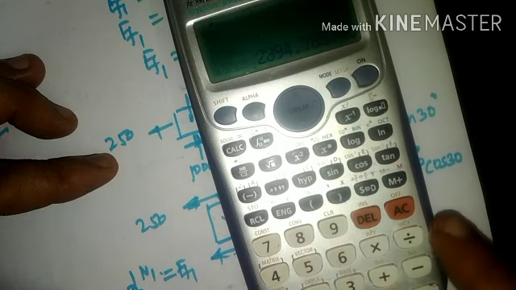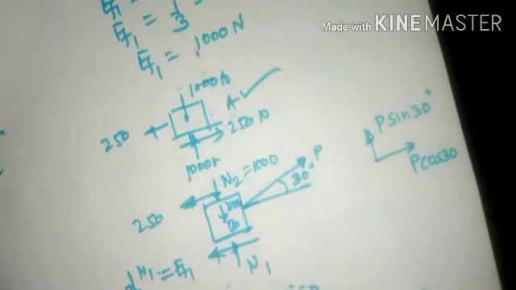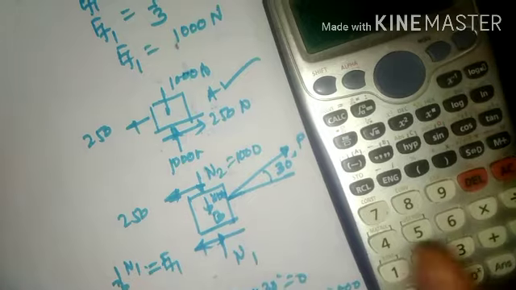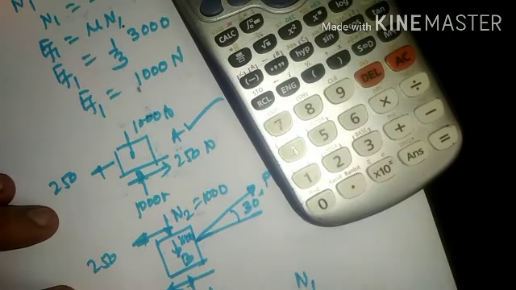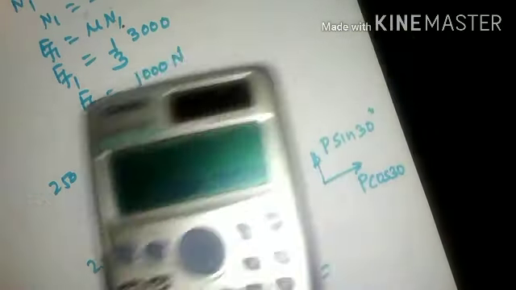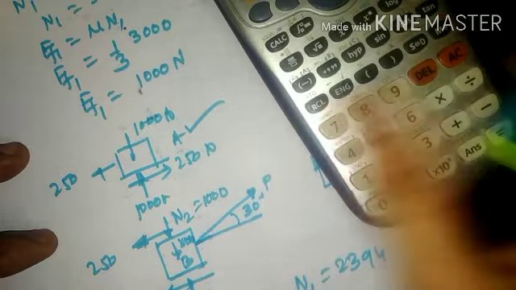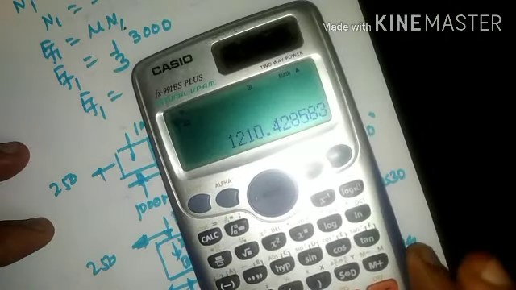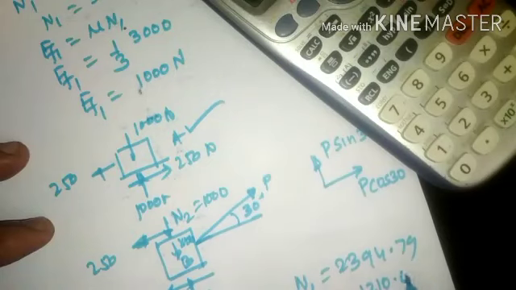If you solve this, the value of N1 will come out to 2394.79, and the value of P, the second term, will come out to 1210.43.